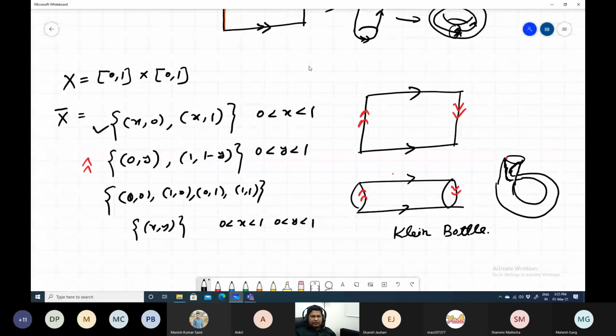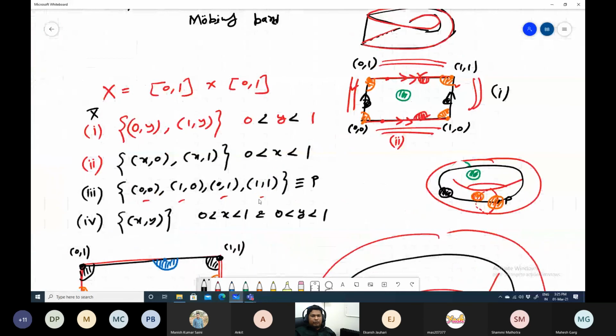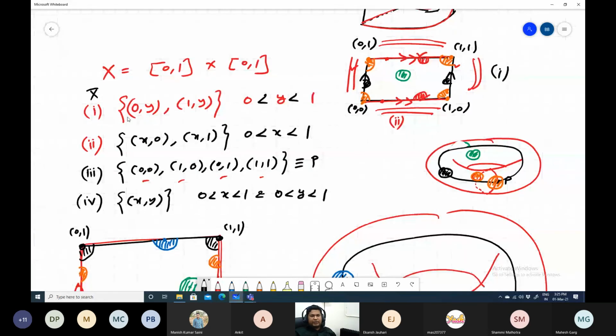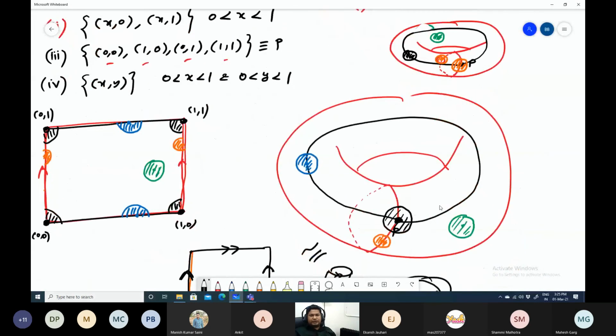And similarly here, what is your X bar? X bar is just a set, right? And you can give a topology by the quotient map. Then you will have a topological space, and that topological space is actually homeomorphic to the torus. For example, as I told you, these points are this P, right?